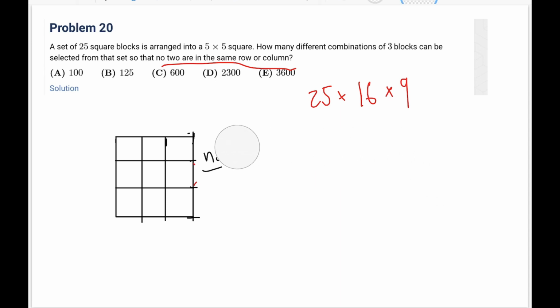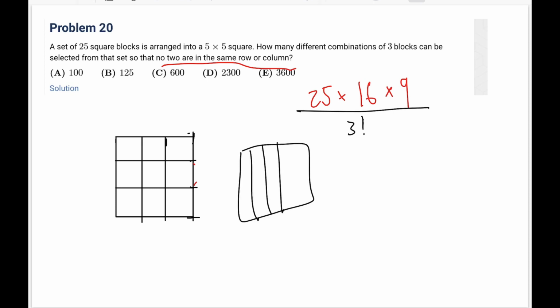So for that to happen, we need to divide this whole thing by 3 factorial, because if you picked it in this order, it's the same as if you picked it in this other order, right? And you have 3 factorial different ways that you can tweak what goes first, what goes next. And so that's why we divide by 3 factorial.